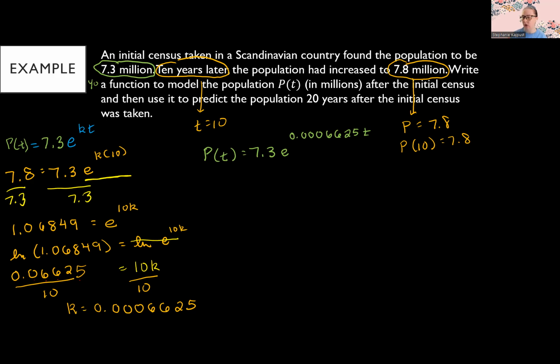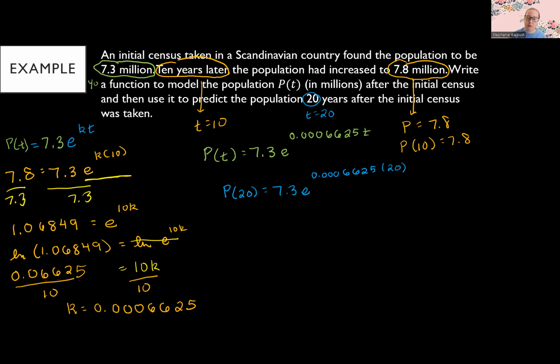Okay, so the second part of the problem is to predict the population in 20 years. So that is just telling us that t is equal to 20. So now that I have my formula, I just need to plug in 20 for t and then follow the order of operations. You need to make sure that you're writing all of your numbers correctly. Order of operations says we have to do the exponent first.